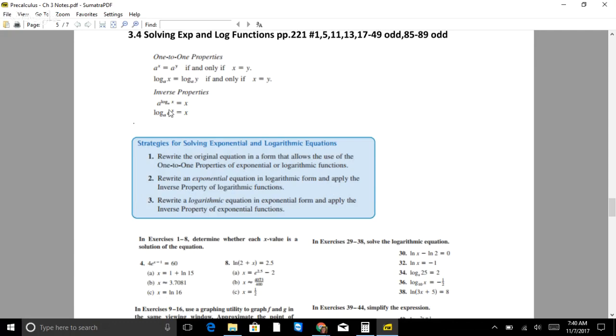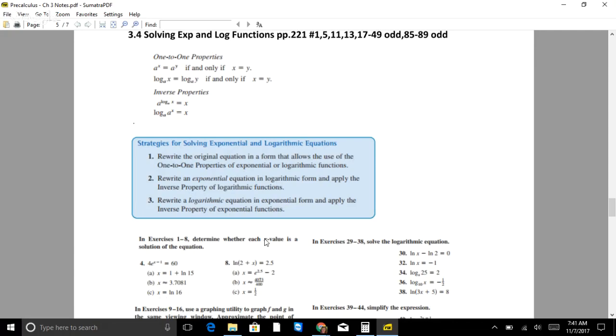So if you have an exponential equation and you take the logarithm of both sides, that's going to allow you to get your exponent down. And the reverse of that's true too. If you have a logarithmic equation and you want to solve, then you can take the exponential form of both sides, and that will help you to solve.